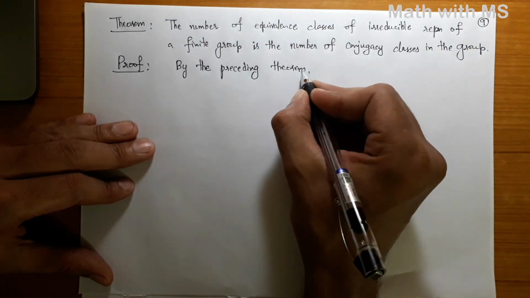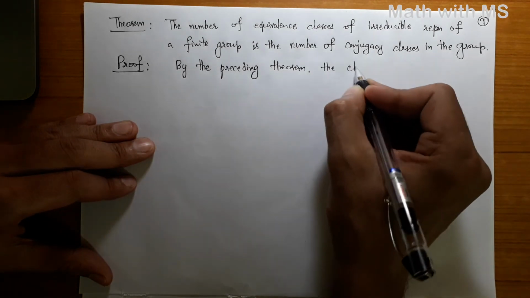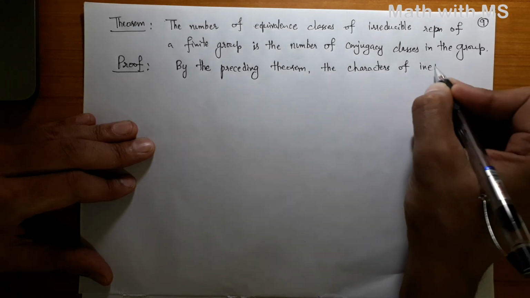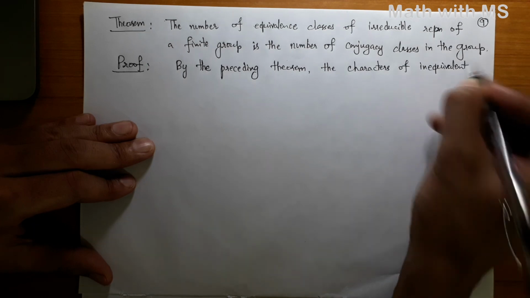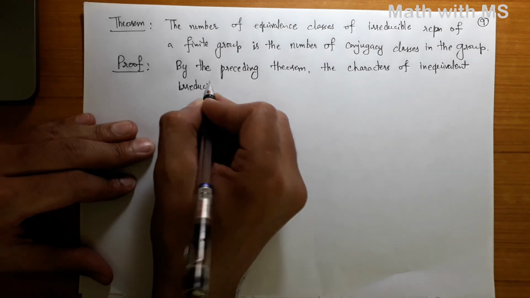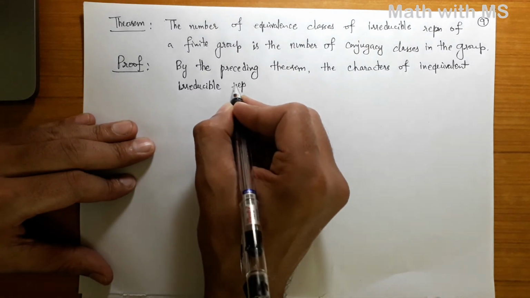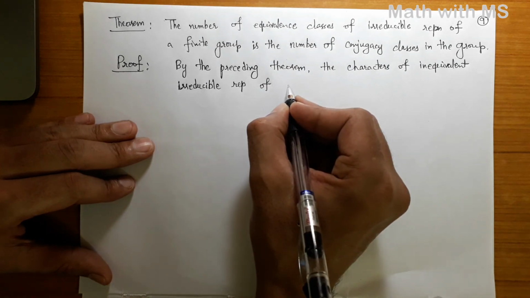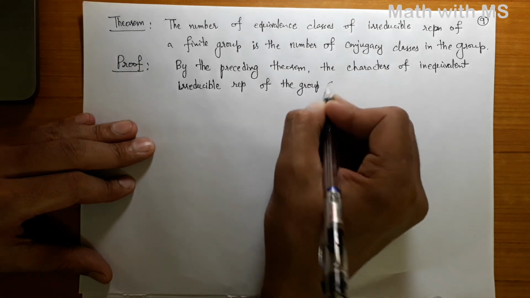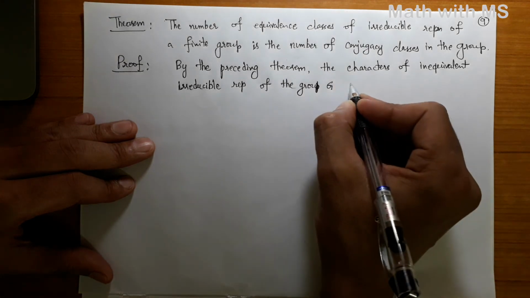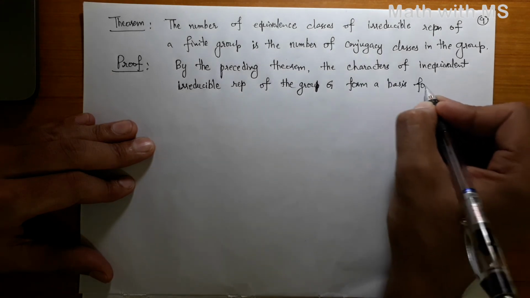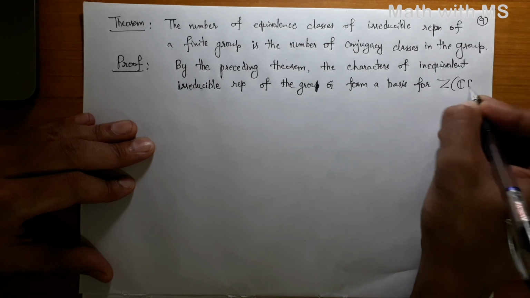By the preceding theorem, the characters of inequivalent irreducible representations of the group G, let's fix the group G, form a basis for the center of the group algebra CG.